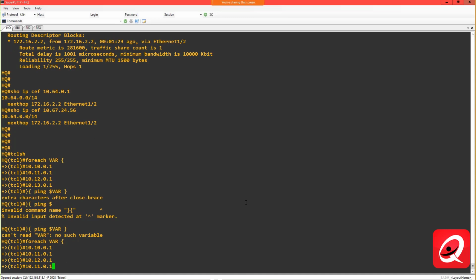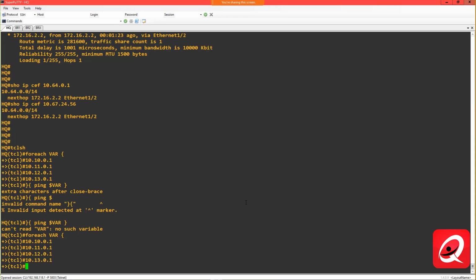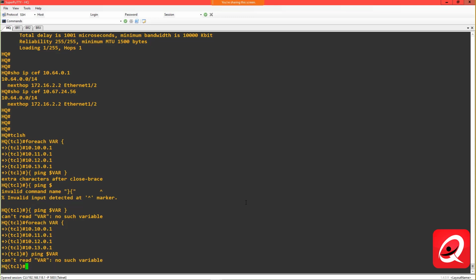I don't think you need the brackets for the ping statement. Yeah, I think you're right. 13, and close that out. What am I doing wrong here?